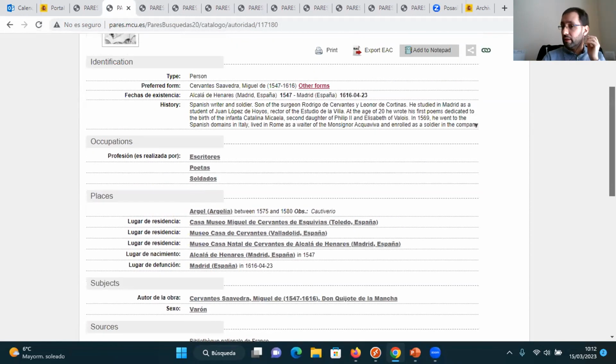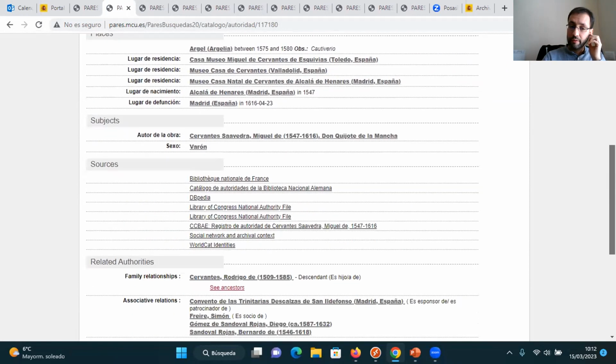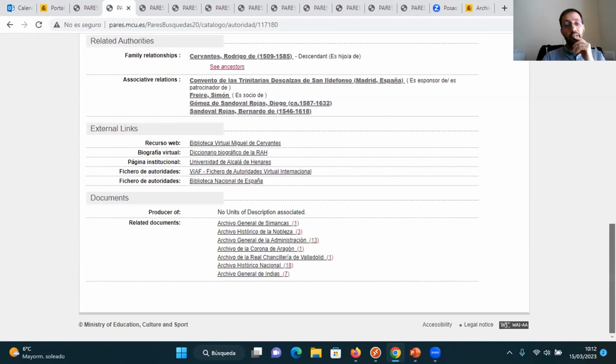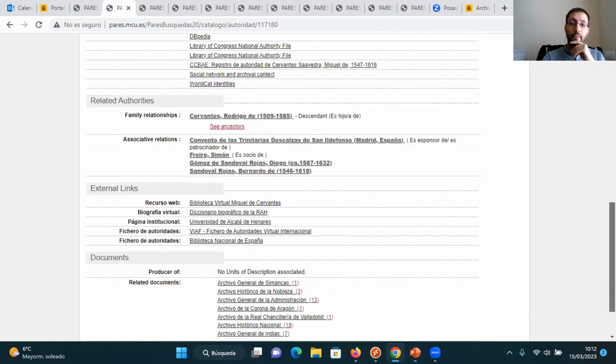If we continue in the description of Miguel de Cervantes, we can see that he is related to different records of documents. For example, with 18 documents kept in the National Historical Archive, Archivo Histórico Nacional.